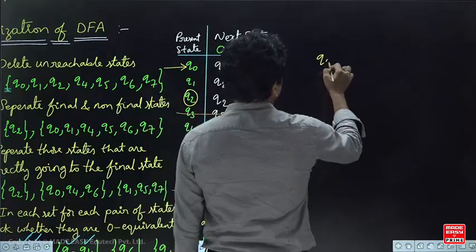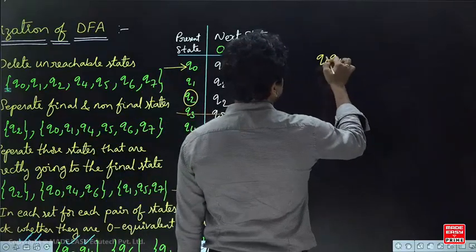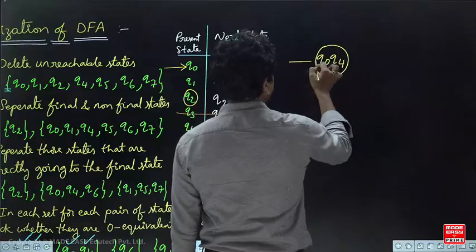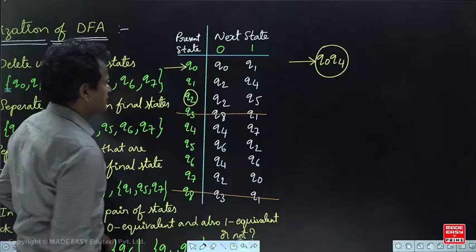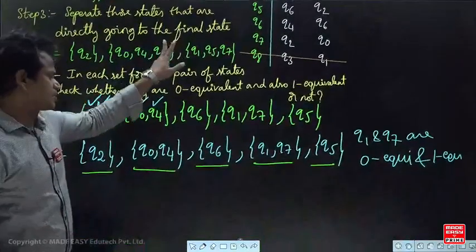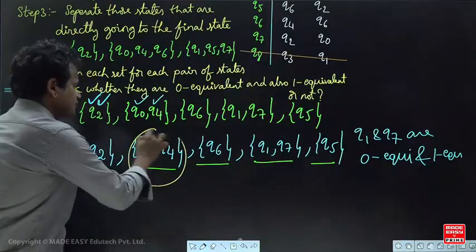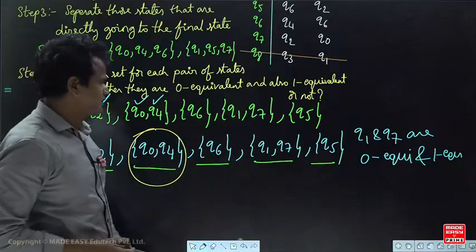Q0, Q4 will be the initial state. Why will Q0, Q4 be the initial state? Q0 is initial in the given automata, and the combination we got is Q0, Q4. So Q0, Q4 will be the initial state.